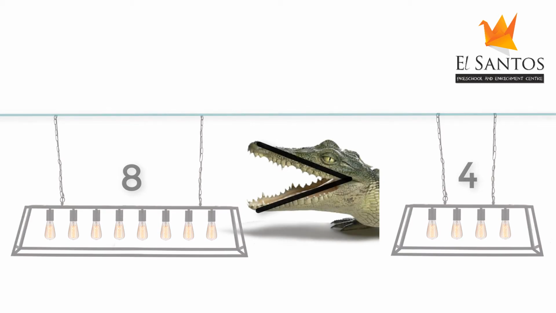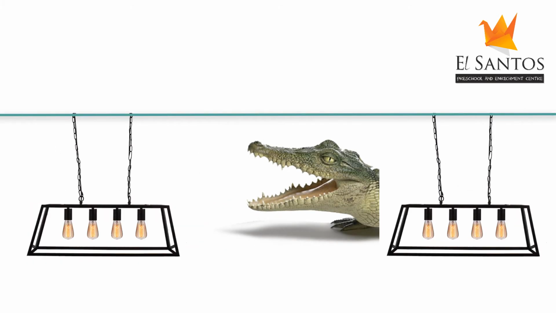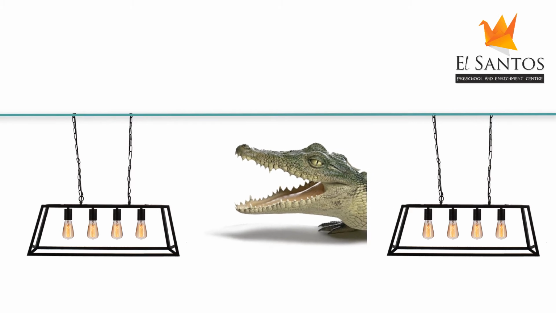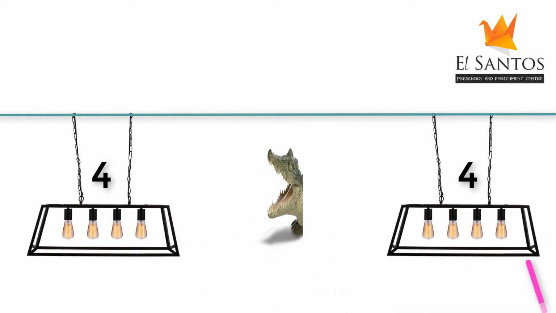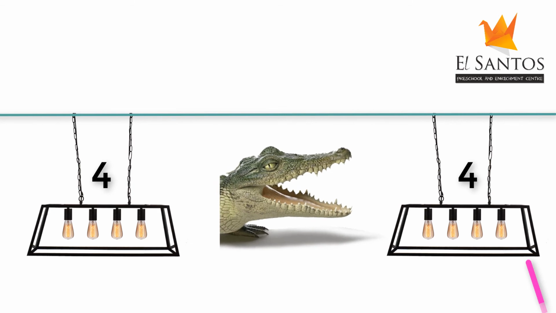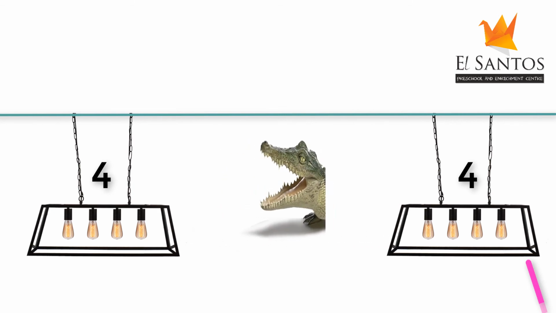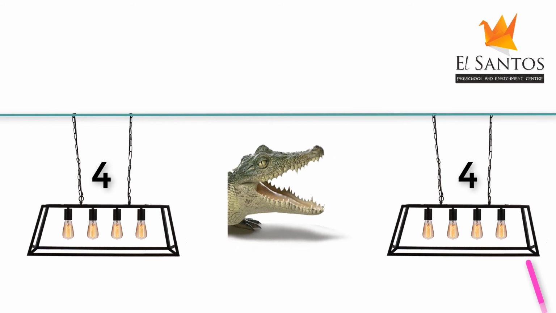Great! Now, let's confuse the alligator. What happens when both sides have the same number? 1, 2, 3, 4. 4 lights on the left side and 4 lights on the right side. They are the same, right?